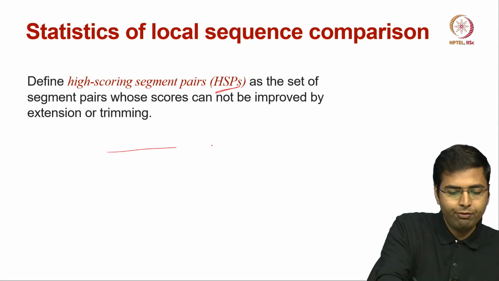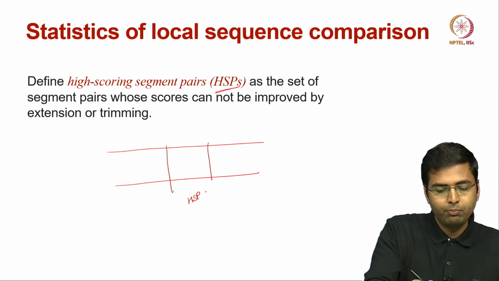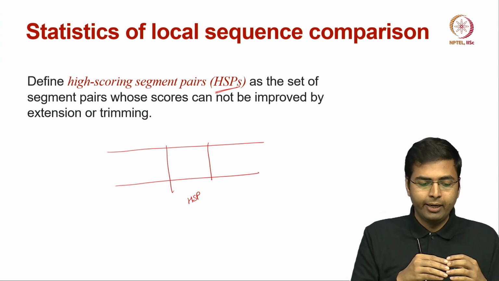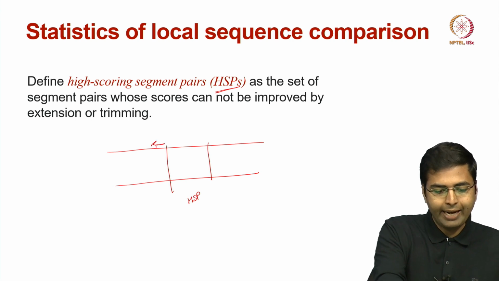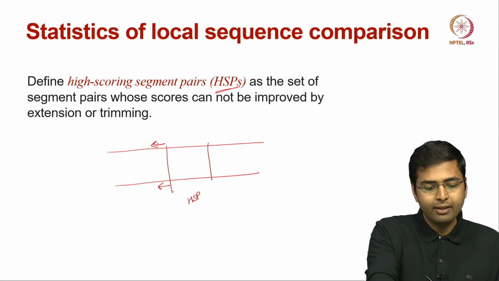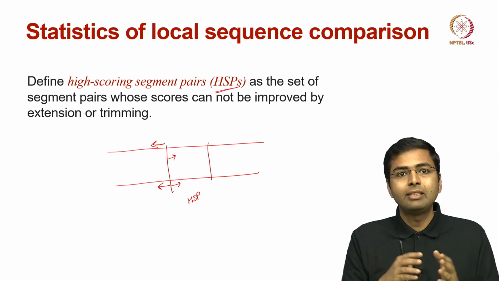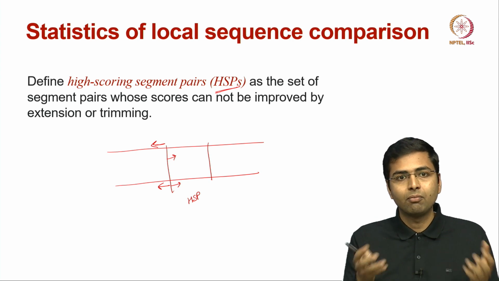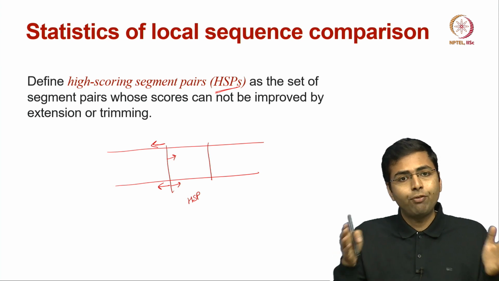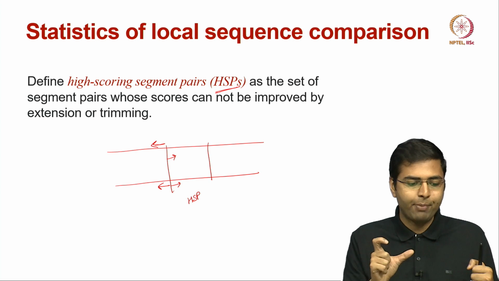So, for example, if I have an HSP between two sequences, then the alignment score cannot be improved further if I extend these strings further, or if I trim them further. In some sense it is a maximal segment, in the sense that I cannot further expand it and I cannot further shrink it as well.